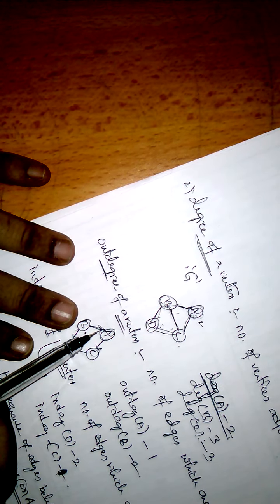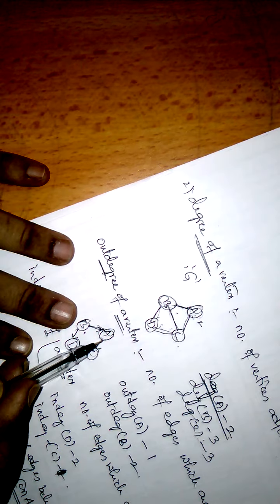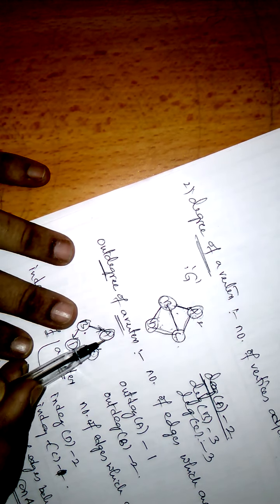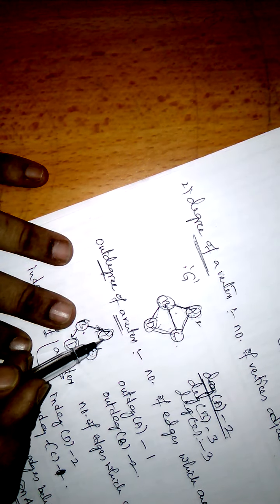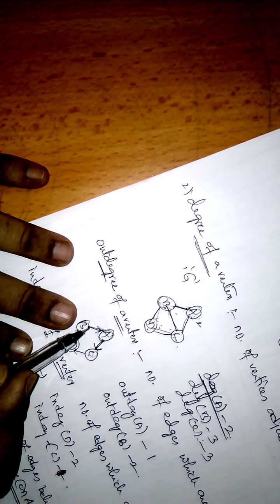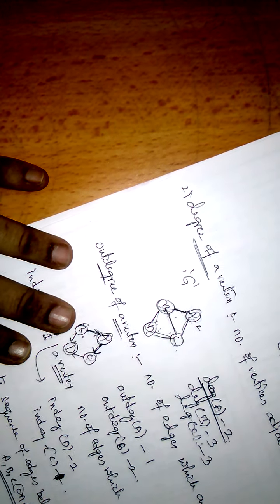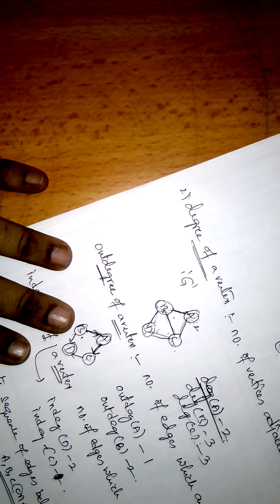Only one edge. B is incoming. A to C, the direction is from A to C. So A is initial, so this is out degree, and B to A is in degree.